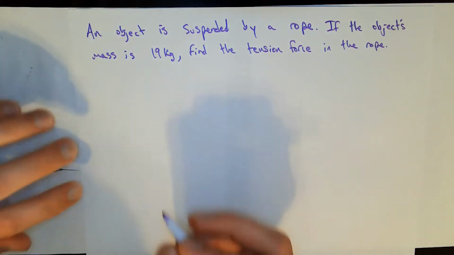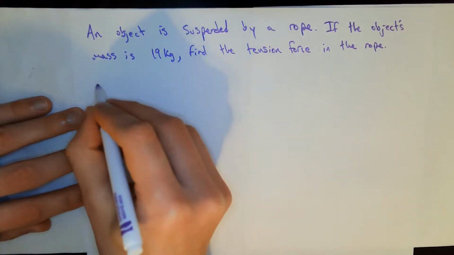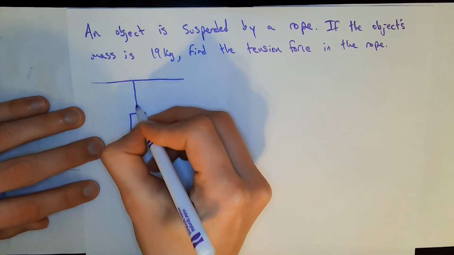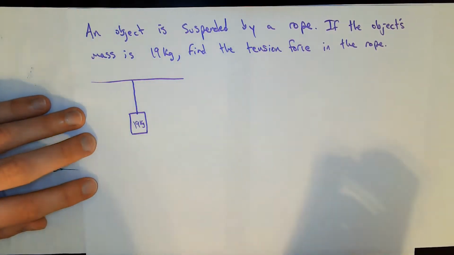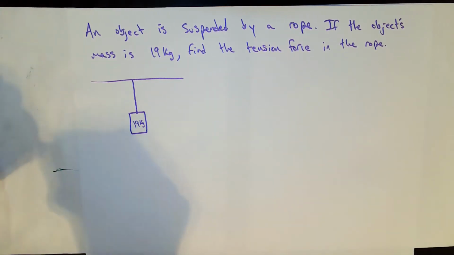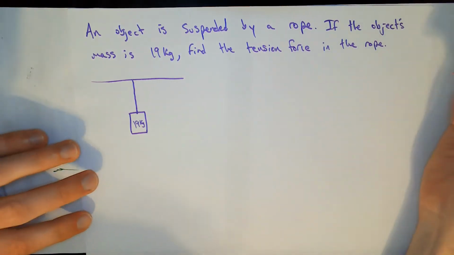Okay, so let's draw a picture: some object, some ceiling here, and then some rope holding the 19 kilogram object. All right, so my forces, I'll use a different color just to show them a little bit better.